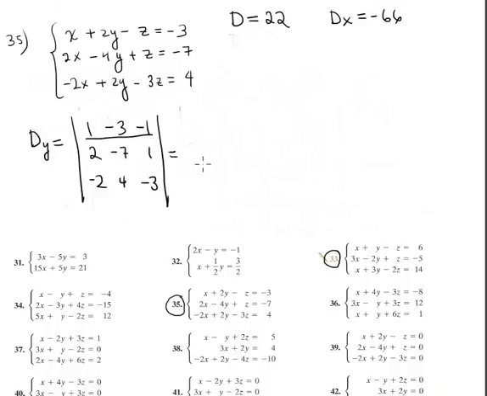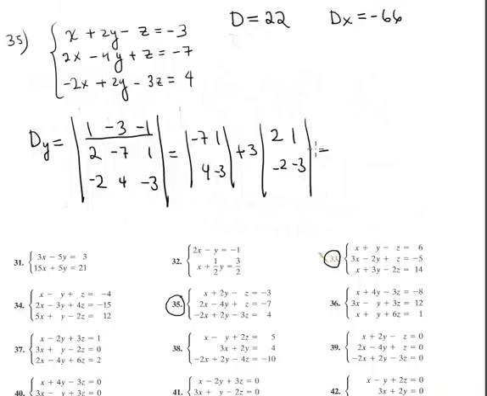Expand using row 1: determinant negative 7, 1, 4, and negative 3, double negatives plus 3 times the determinant 2, 1, negative 2, and negative 3. Minus 1 times the determinant 2, negative 7, negative 2, and 4.